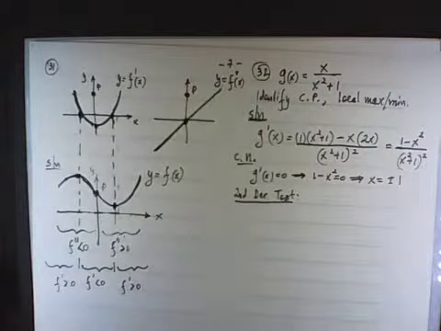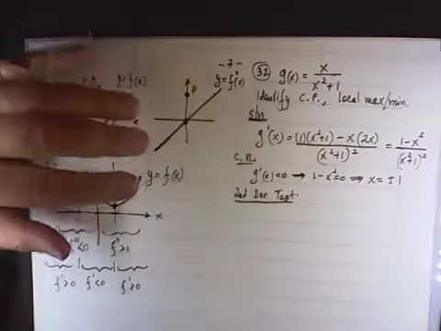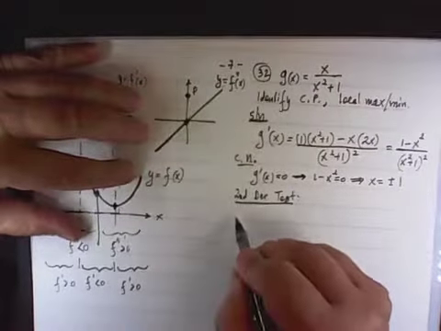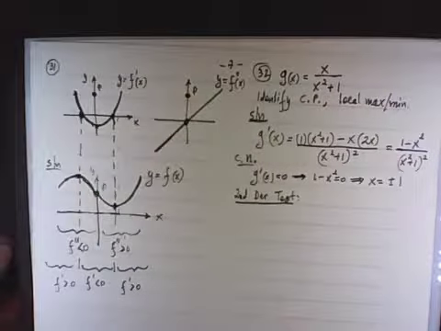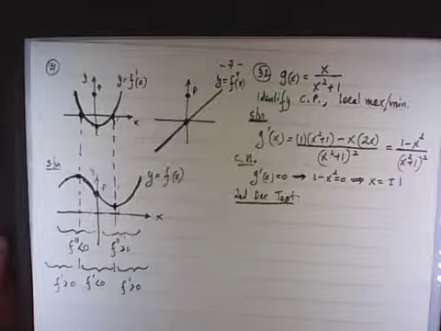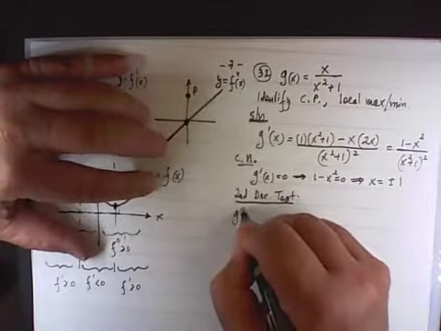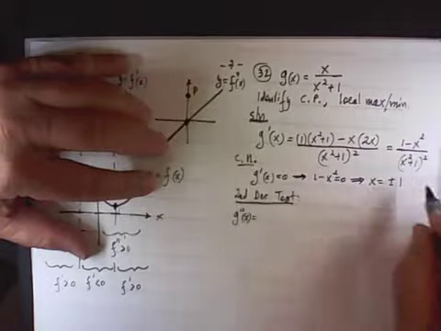And we take the derivative here. So g double prime. Again, quotient rule.